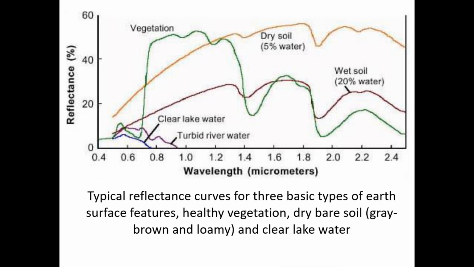So most Earth features can be identified in the near infrared range, and if you are looking for specific applications, then you have to choose your sensor, the wavelength at which your sensor operates, accordingly for your specific application.